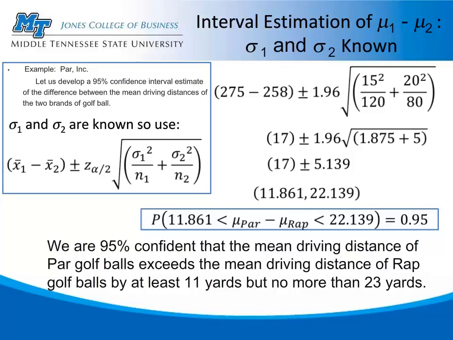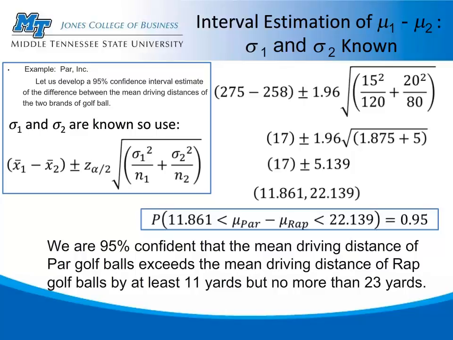Take the statistic, x1 bar minus x2 bar, plus or minus the z-value. Now the z has a subscript of alpha over 2. The confidence level and alpha, which is a level of significance, they're complements. So if we want the 95% confidence interval estimate, then that corresponds to a 5% level of significance.